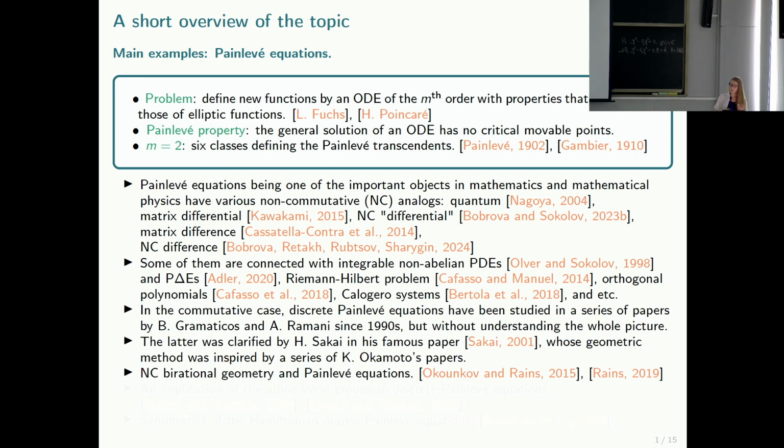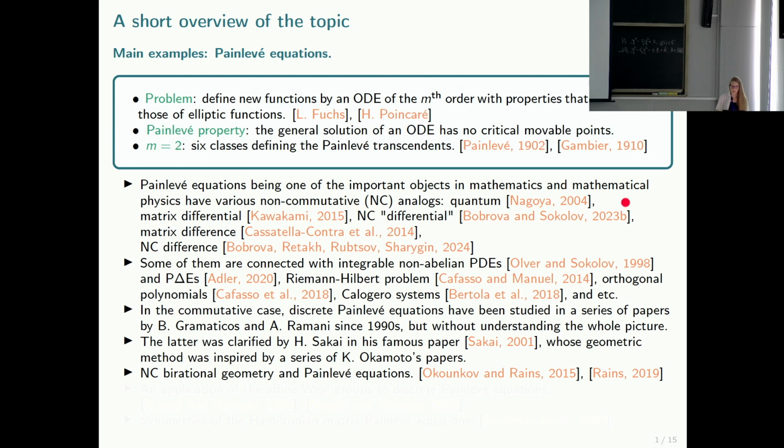We know that in the commutative case, discrete Painlevé equations were studied by Grammaticos and Ramani. They considered some kind of discrete analog of the Painlevé test and obtained a huge class of the discrete Painlevé equations, but without any understanding of their nature.